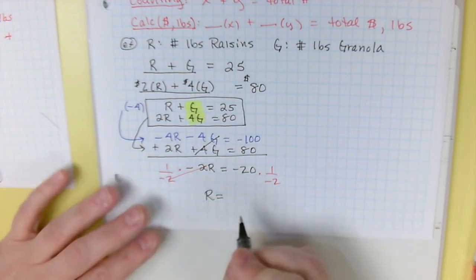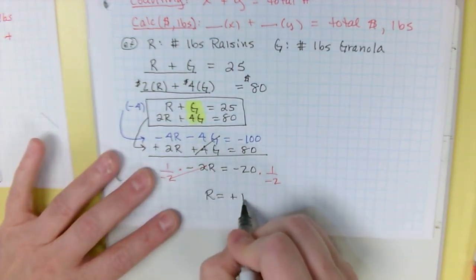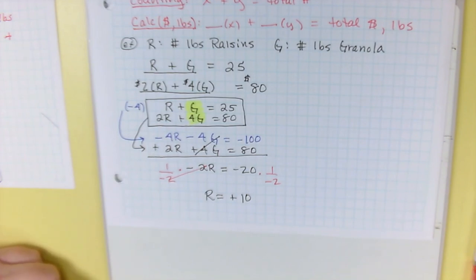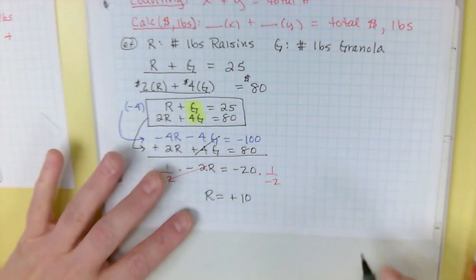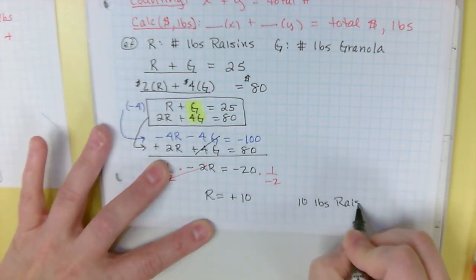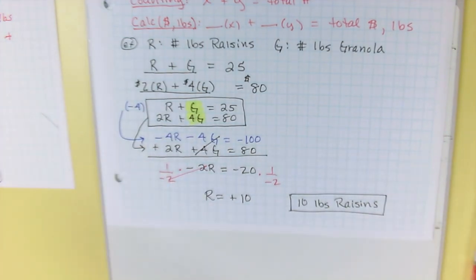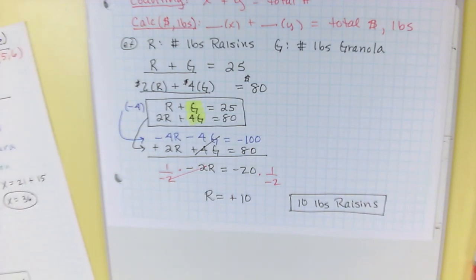A negative divided by a negative is a positive, and 20 divided by 2 is 10. So the question was, how many pounds of raisins should they include? So it's going to be 10 pounds of raisins. And that's your mixture problem.